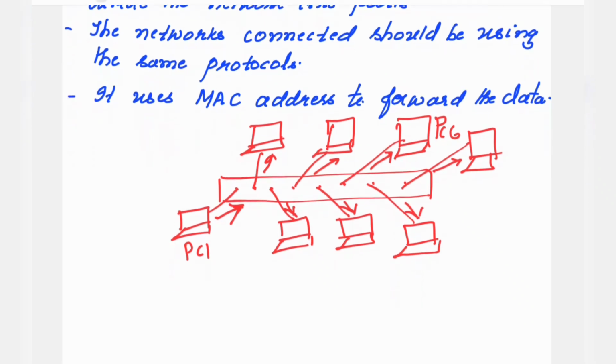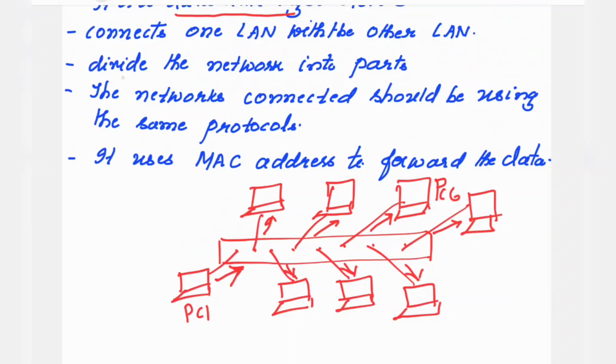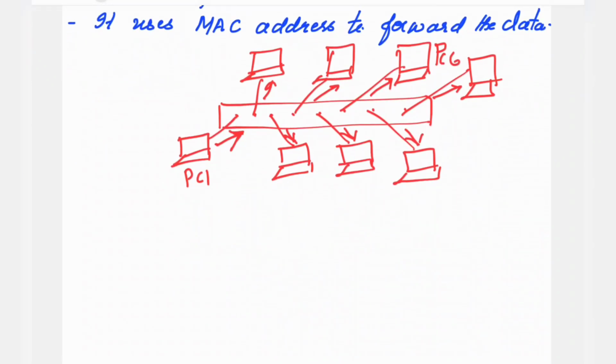Now we can try to come up with a solution for this kind of problem. Look at this sentence: divide the network into parts. This was the original network. If I divide it, I'll divide this network into two parts.